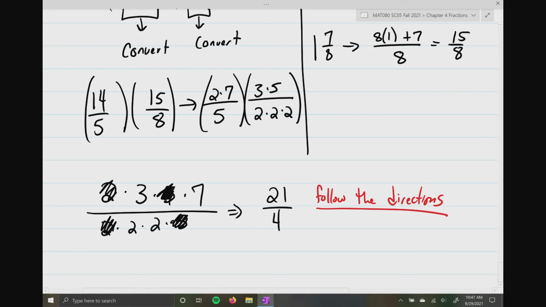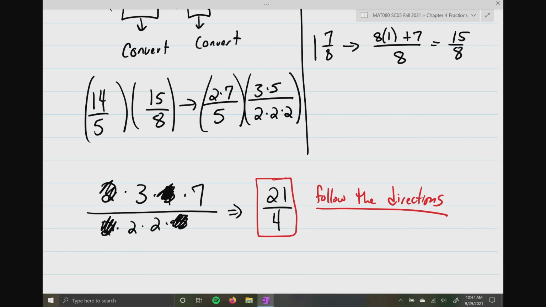And what I mean by that is this, okay? When you read the directions, it's going to tell you how do they want the answer. If they just say write the answer as a simplified fraction, then you're good. 21 over 4 is completely fine.